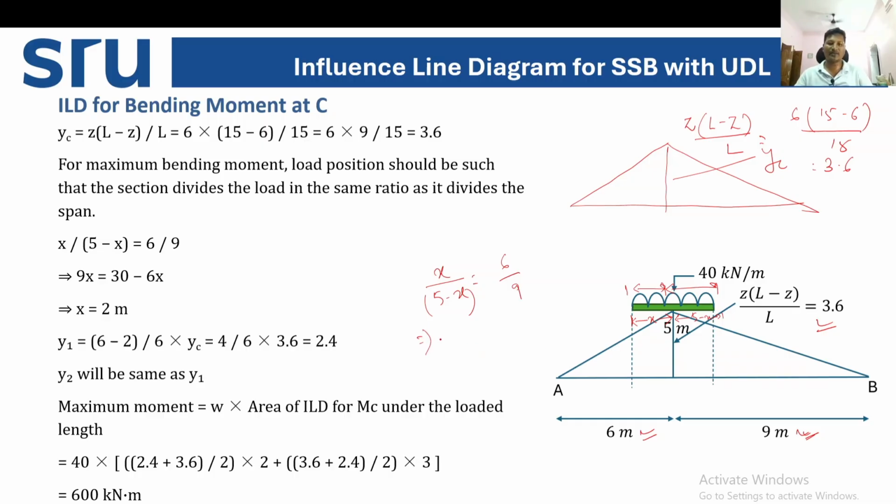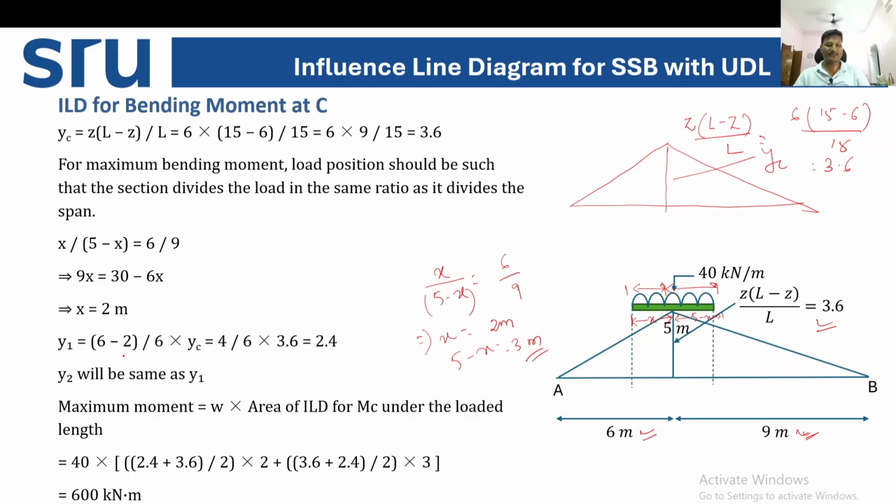From here you can calculate x is equal to 2 meter. So if x is 2 meter, the opposite one, 5 minus x, is 3 meter. In a similar way, we have positioned the UDL in such a way that we can get the maximum bending moment at C, right?